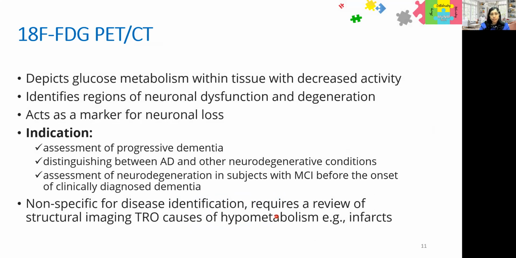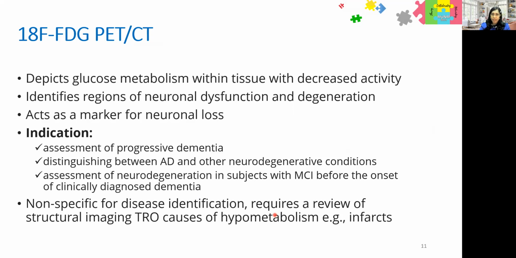The indications for 18F-FDG PET-CT in patients with memory loss include the assessment of progressive dementia, distinguishing between AD and other neurodegenerative conditions, and the assessment of neurodegeneration in subjects with MCI before the onset of clinically diagnosed dementia.